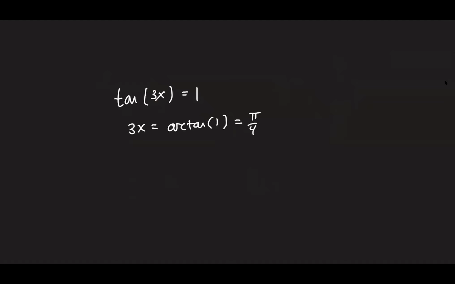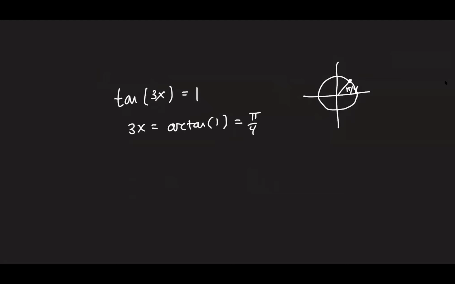And so we can again look at our unit circle. If I take a look at my unit circle like this, this angle is pi over 4, and over here is where I'm going to get tangent equal to 1. So we're over here at pi over 4.